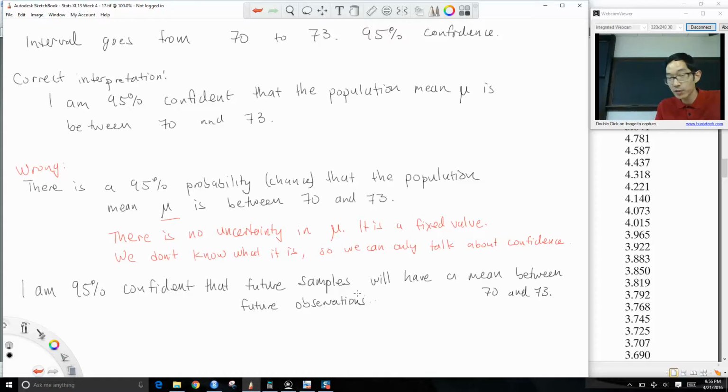So the confidence interval says nothing about that, or that I'm 95% confident that the data is between those values. These are also wrong. It's also wrong to say 95% of data is between 70 and 73.